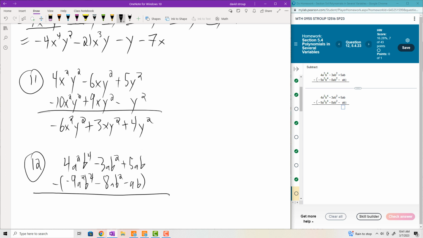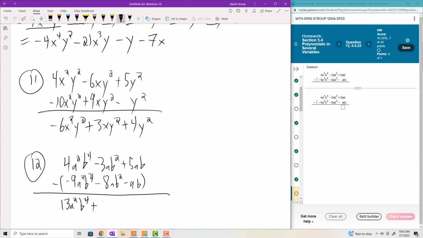Okay. So if you want to kind of just distribute in your head, 4a squared b to the fourth minus negative 9a squared b to the fourth is really 4a squared b to the fourth plus 9a squared b to the fourth. So that'll give you 13a squared b to the fourth. Then negative 3ab squared minus negative 8ab squared is the same as negative 3ab squared plus 8ab squared.